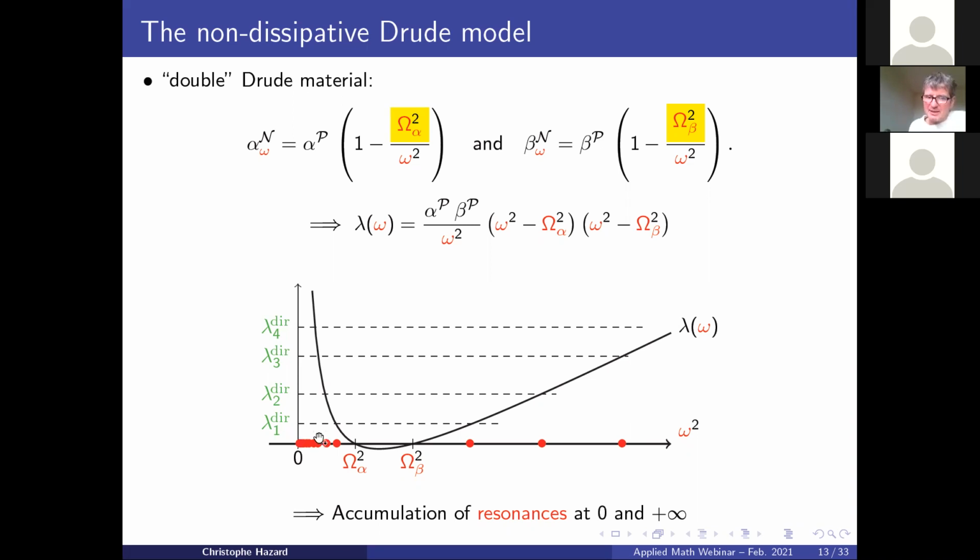So in that case, I obtain some accumulation at infinity, same as before, but I also obtain an accumulation near the frequency 0.